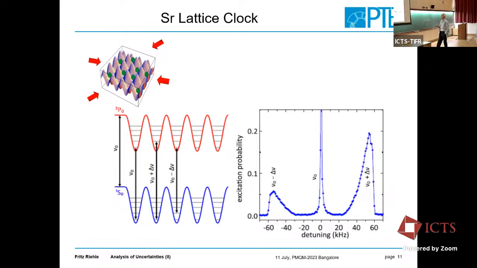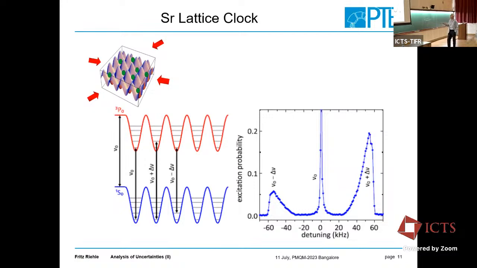And so we have more than one possible transition. We can use a transition from the ground state to the ground state. That would be the center frequency. But we also could go from the ground state to the first excited state that has a higher frequency. You see this here, or from an excited motional state in the ground state to the lowest motional state in the excited state, something here.